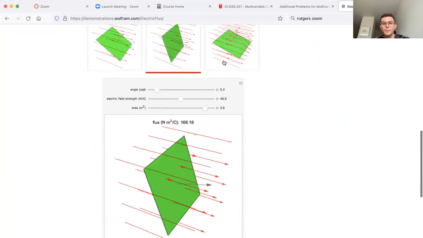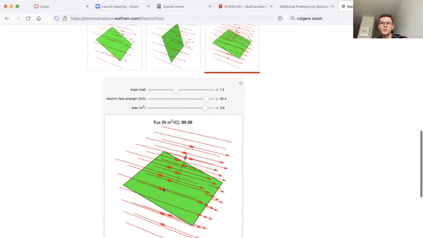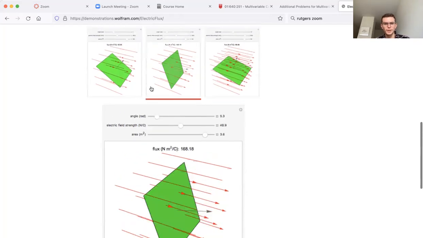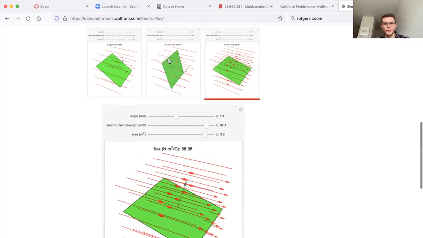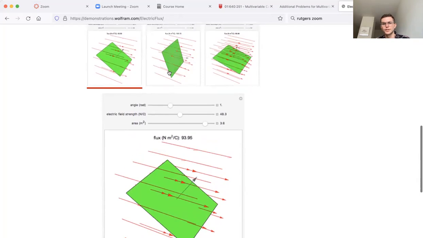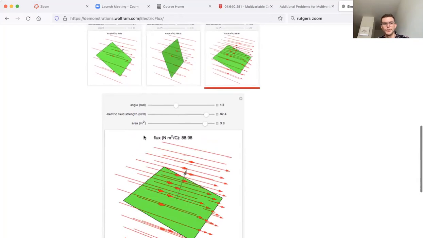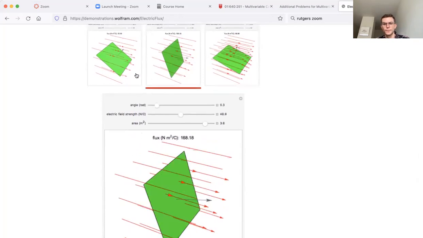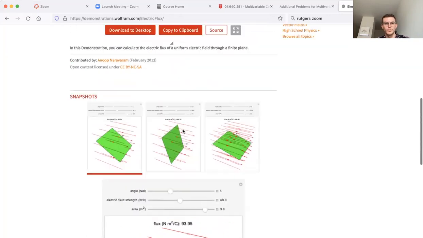Depending on the angle between the velocity of the incoming particles and the normal vector to the surface, there will be more or fewer particles that manage to go through the surface. So that's what this is trying to show you: depending on how you orient the normal vector, the dot product changes, and so the flux would be a different thing. Here's the formula.